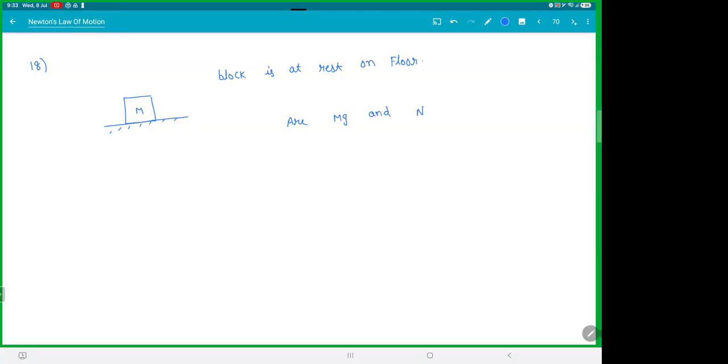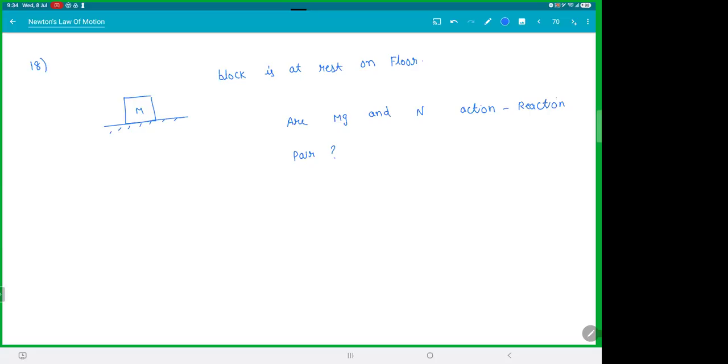I know we will say action reaction pair, meaning the word still sounds good, so we'll just use it. But remember, it doesn't make sense. What do you guys think? When you draw this body, N and mg, are they an action reaction pair? If you think no, then who are the action reaction pair?